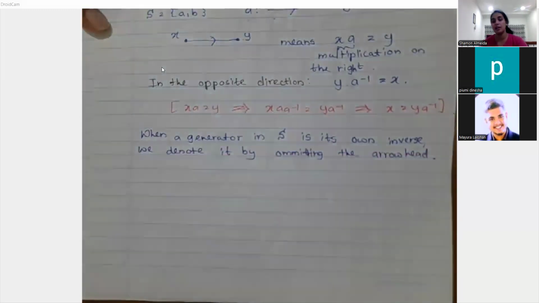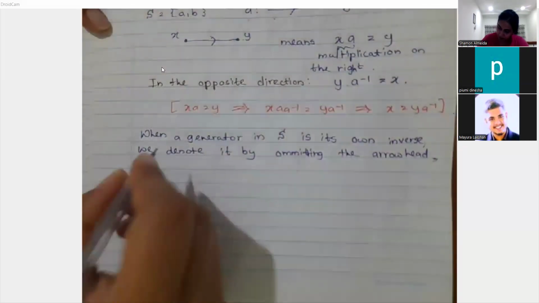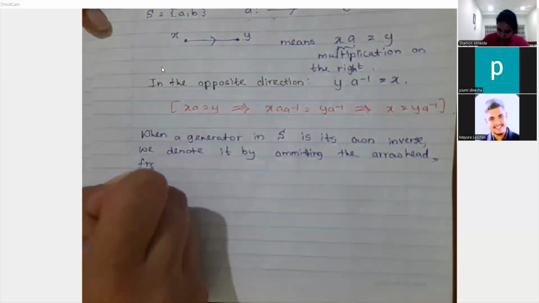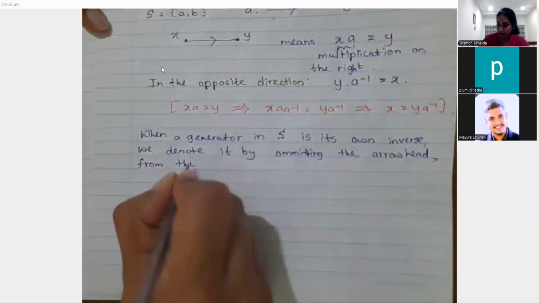We simply disregard the arrowhead from the edge if the inverse of the generator is itself, right?